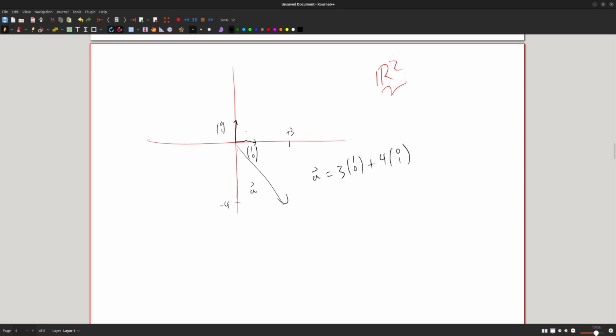Or if we label this B1 and this B2, then this is equal to 3B1 plus 4B2. And you can imagine adding these together like that.